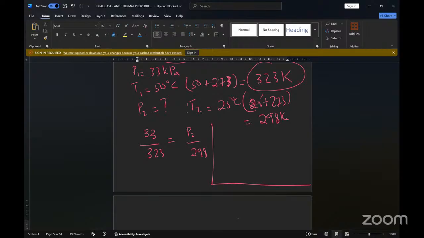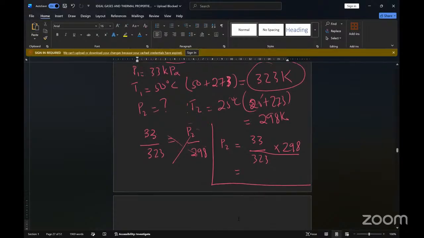So I'll just go straight to the point and say that our P2 can be written as 33 divided by 323 times 298. How did I do it? I made this one the subject. It means this one over 1. Then because of cross multiplication, I can simply take this one up. It's going to be 33 times 298. That's why they are on the same side, divided by that. So the rest is mathematics.